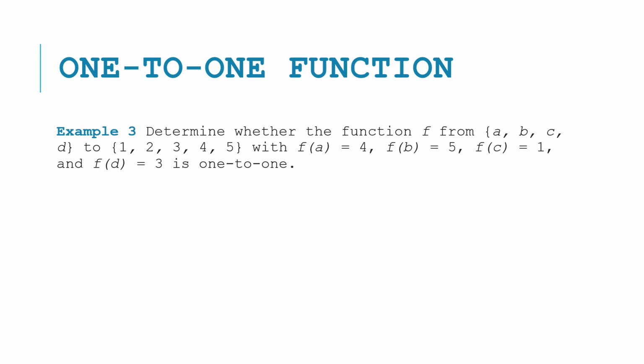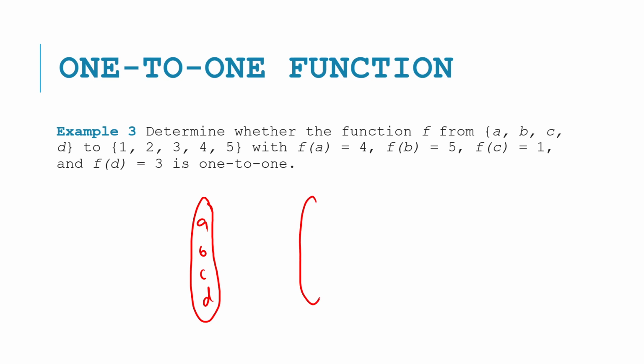Okay, here we have to determine whether the function f from {a, b, c, d} to {1, 2, 3, 4, 5} with f of a equal to 4, f of b equal to 5, f of c equal to 1, and f of d equal to 3 is one-to-one. We could do this by doing the mapping that we have in the previous slide. For the first set, we have a, b, c, and d.